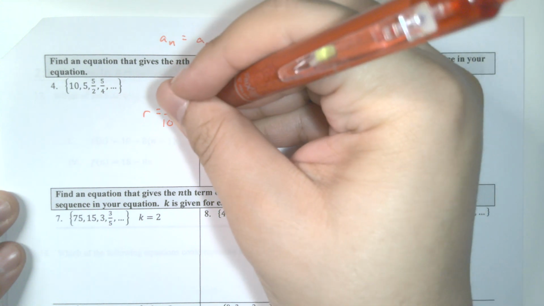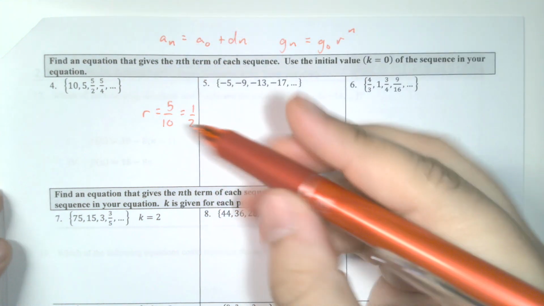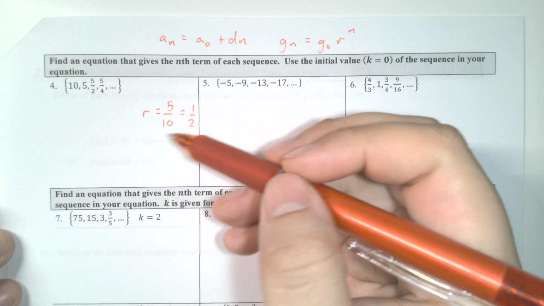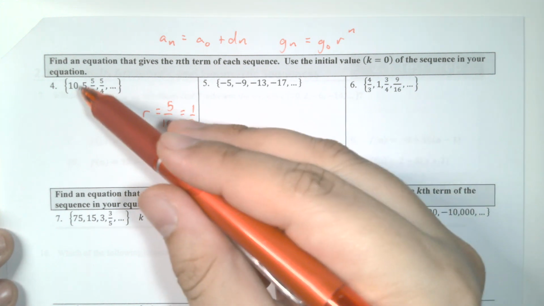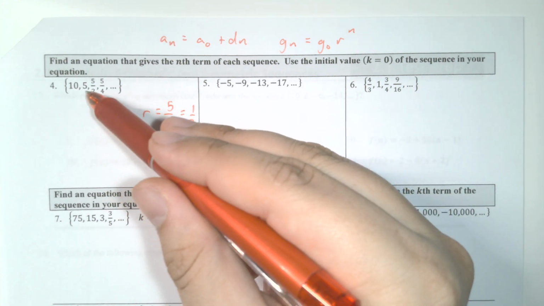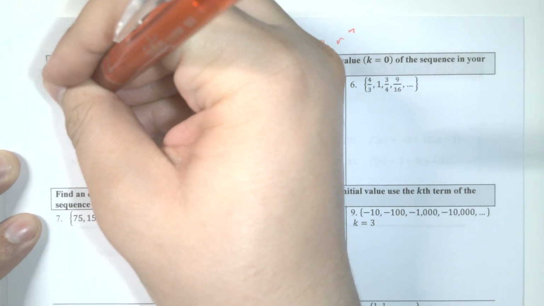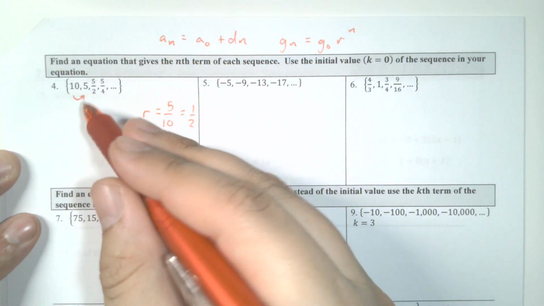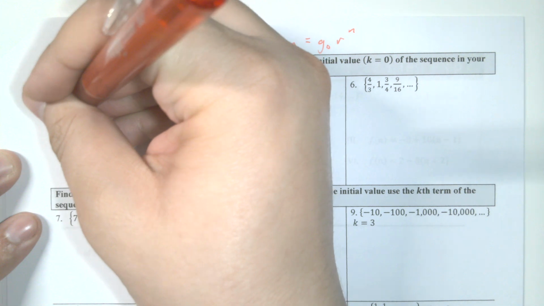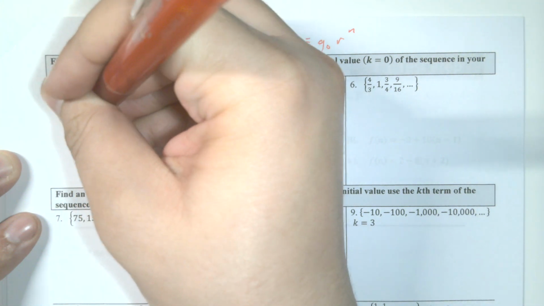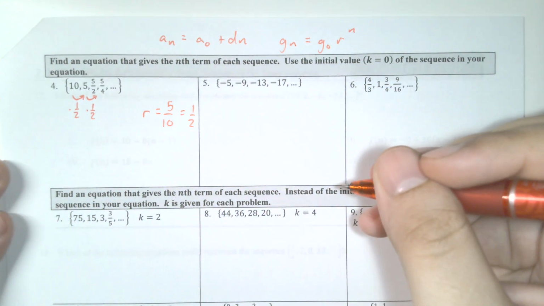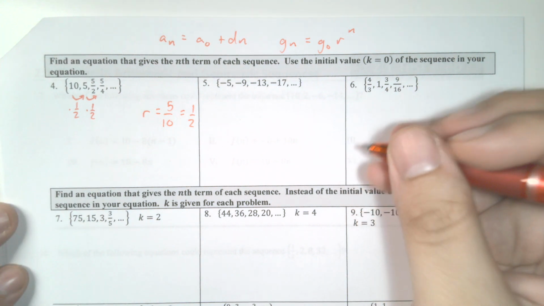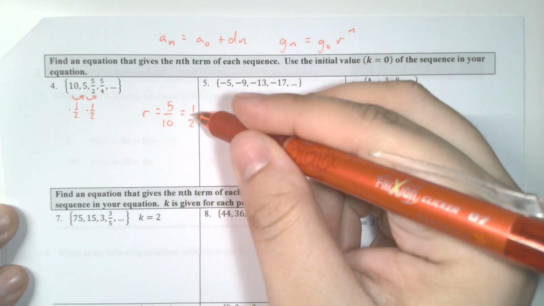And 5 over 10 is 1/2. So you have to be careful about this, because we're always framing the ratio as what we're multiplying by to get to the next term. So, dividing by 2 is the same thing as multiplying by 1/2. So, just be careful with that. But our ratio is 1/2.